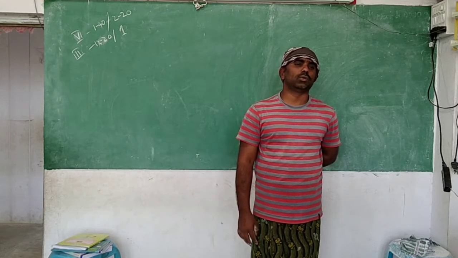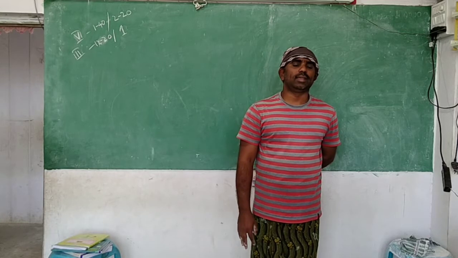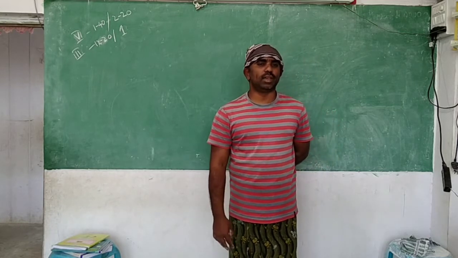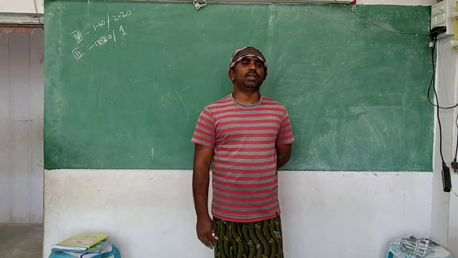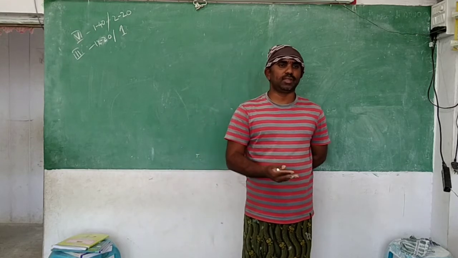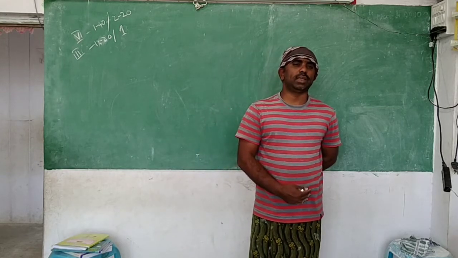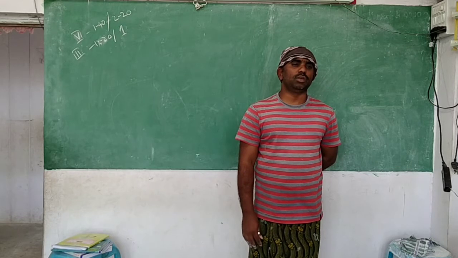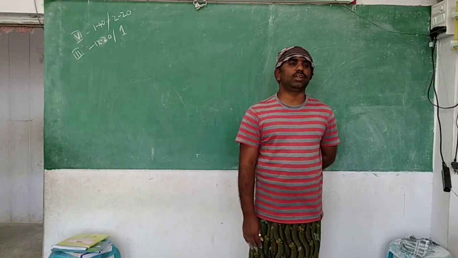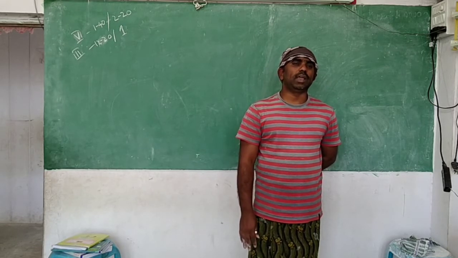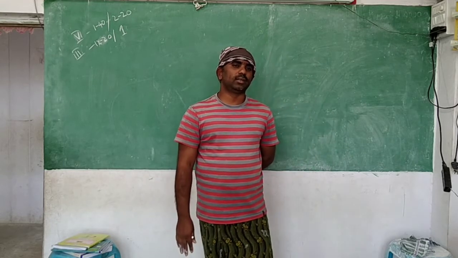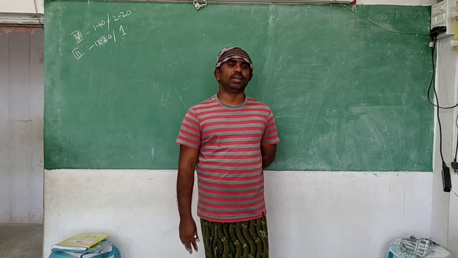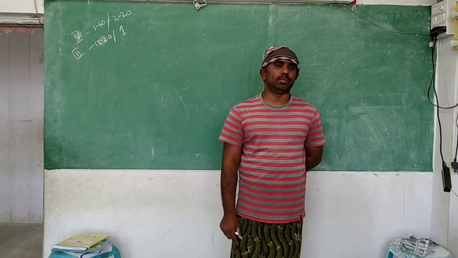I explained to you: when the same number is added continuously so many times, then we will do the multiplication. Multiplication we will do by using the multiplication tables. So multiplication tables already you have learned: 5 table, 6 table, 7 table, 8 table, 9 table, 10 table.